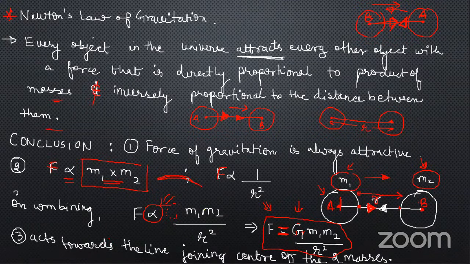Also, along with gravitation force, you saw two more non-contact forces, that is electrostatic force and magnetic force. In electrostatic force, you saw that if the charges are of the same type, like charges repel each other, whereas unlike charges attract each other. Similarly, in magnetic force there were two poles, north pole and south pole.